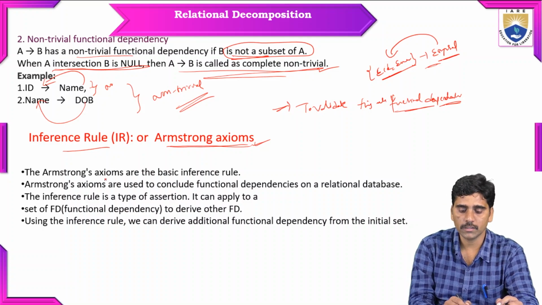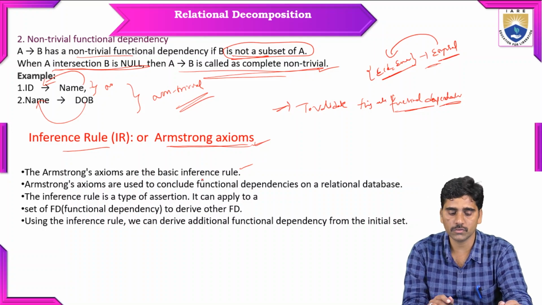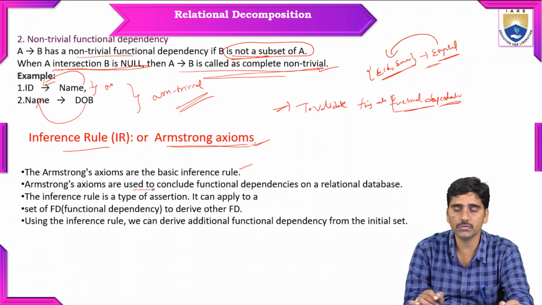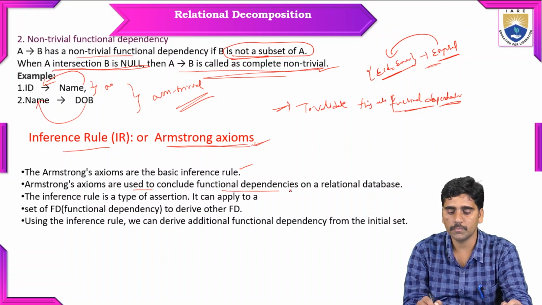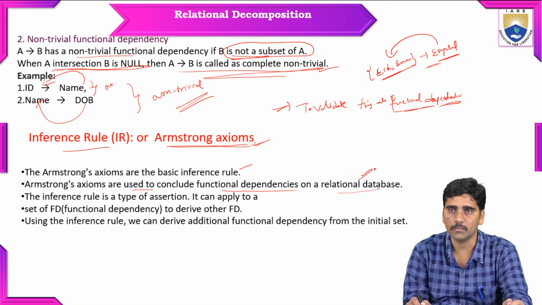So Armstrong's axioms are the basic inference rules, and these are used to conclude functional dependencies on a relational database.